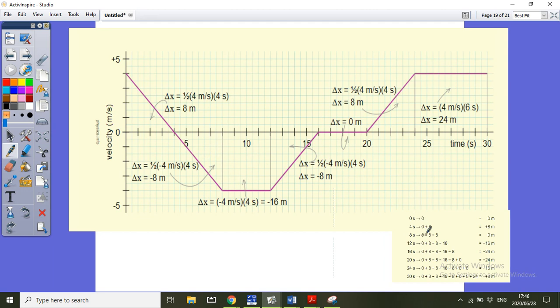So if you look at the cumulative distance here, we start at that point there, then we've traveled nothing. Then at 4 seconds, we've traveled 8 meters, then -8 meters, which brings us back where we started, and that's what you need to remember.